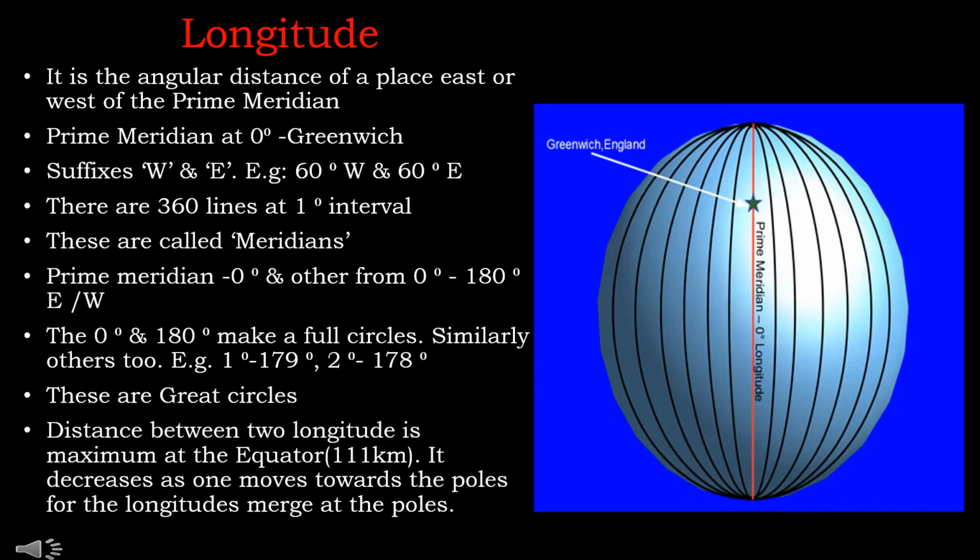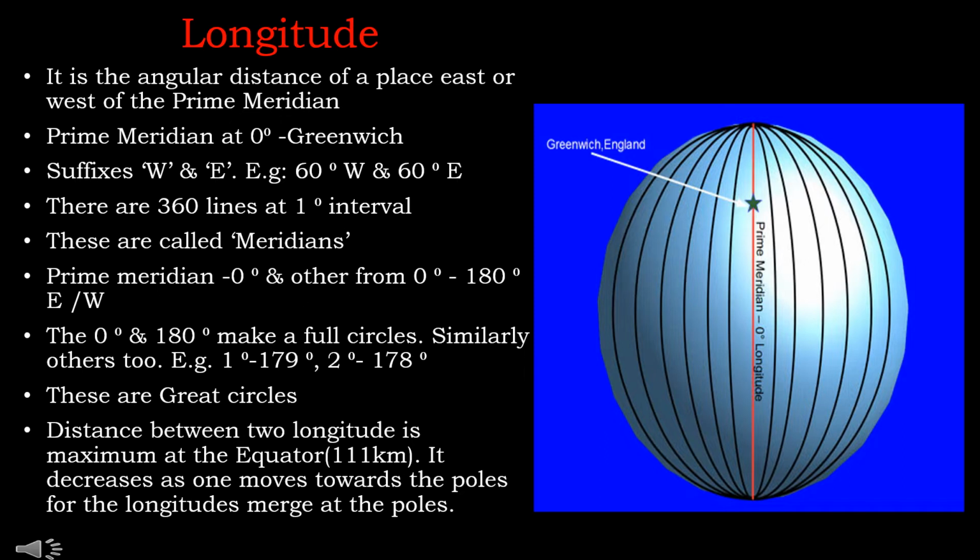A longitude is the angular distance of a place east or west of the prime meridian. The prime meridian is the line of longitude whose angular distance is defined as 0 degree. It passes through Greenwich near London, and this prime meridian divides the earth into two hemispheres, that is eastern hemisphere and western hemisphere.